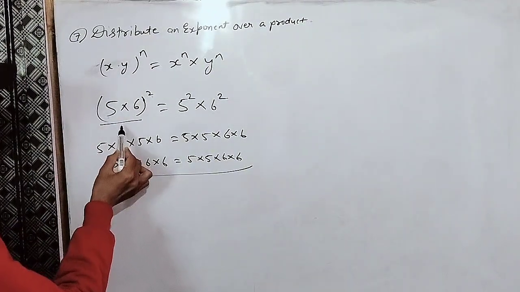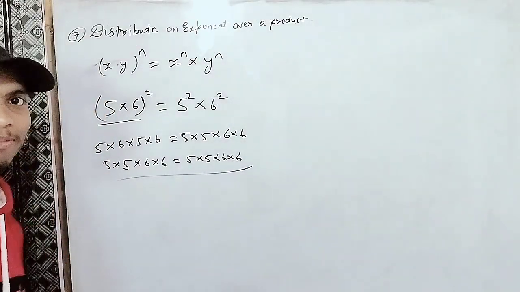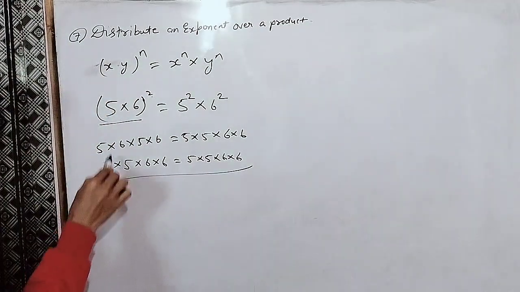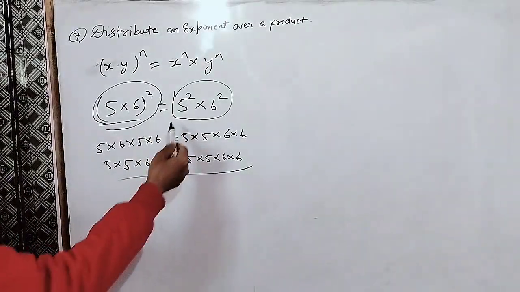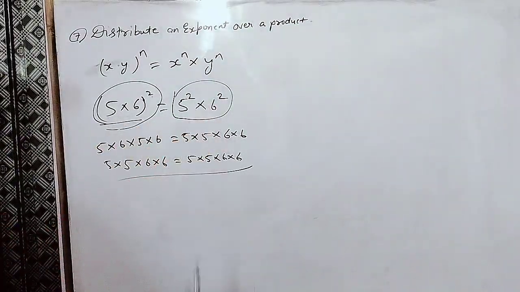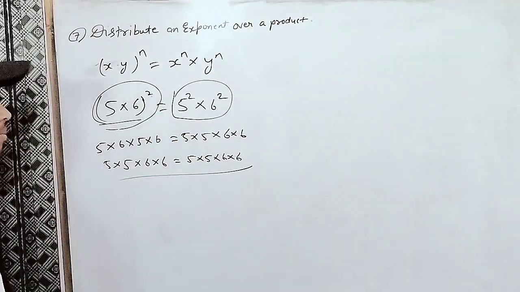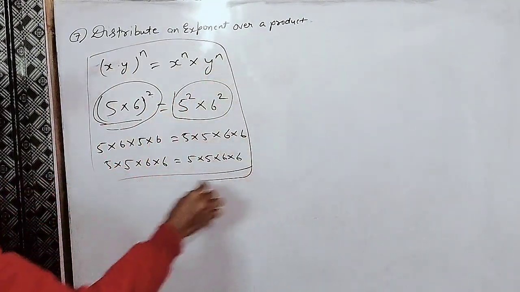So hence it is proved that we can write this, and if we want to write it like that, then we can write. So the value of this and the value of this would be equal. Okay, this is a way to write.